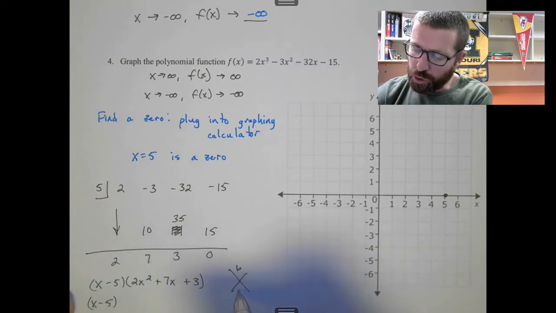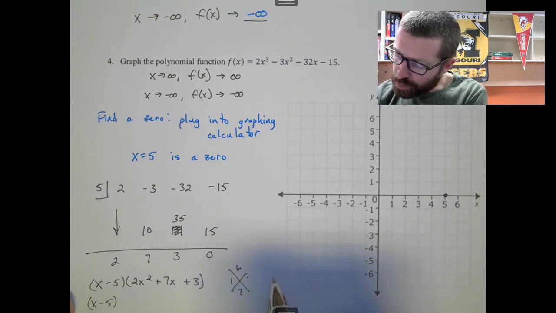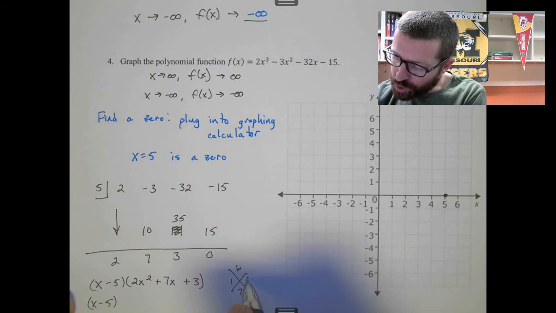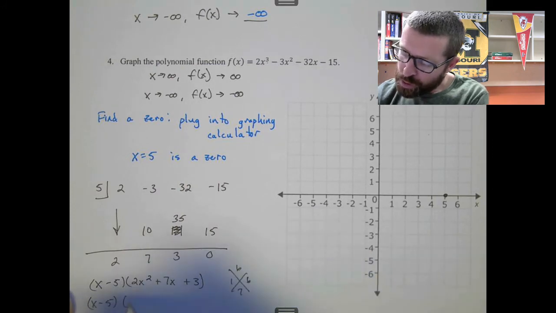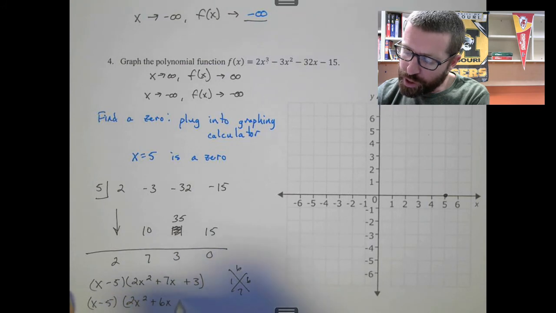And you need 2 numbers that multiply to 6 and add to 7, and they are 1 and 6. And so we rewrite 7x as 6x plus 1x. And then factor by grouping.